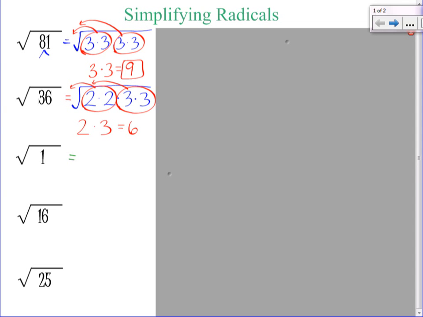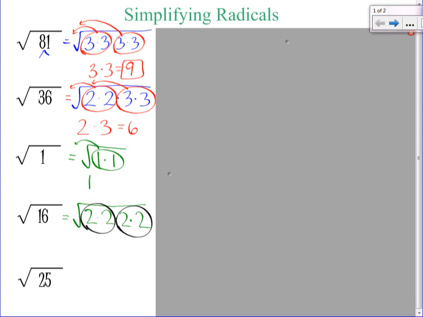Okay, so we've got 1 times 1, which there's only one pair in here, so we take that out, we get 1. What about 16? How many 2's? Okay, so we've got this.